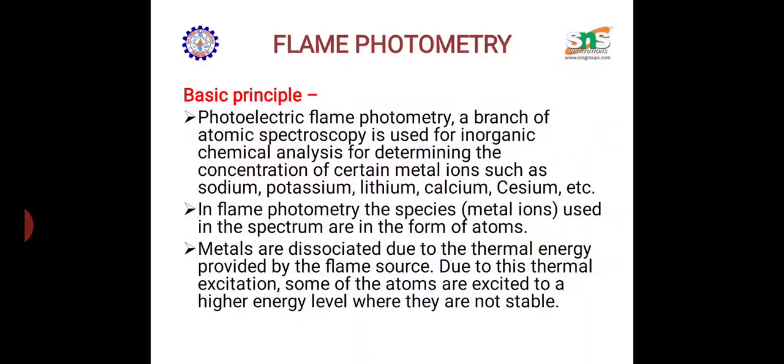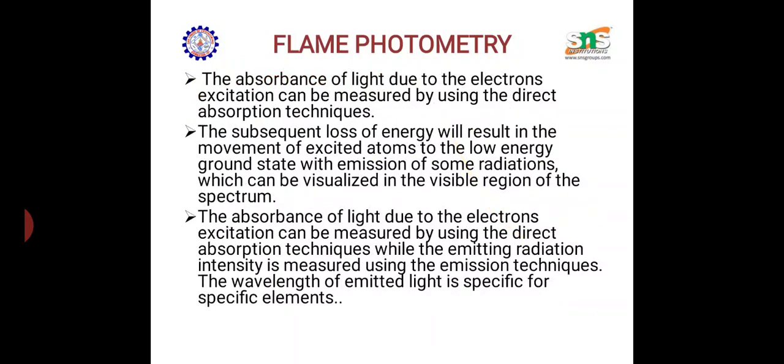So the metals dissociate due to the thermal energy of the flame source. The atoms can be excited to a high energy level. The high energy level is not a stable state, so after a fraction of a second, it will come down to the ground state.